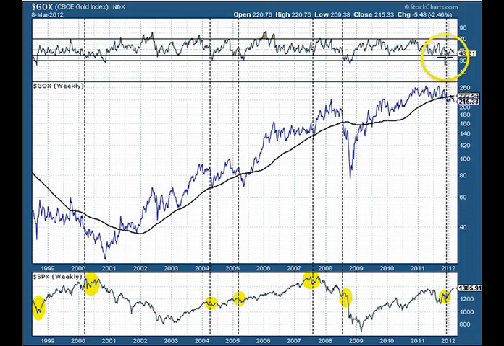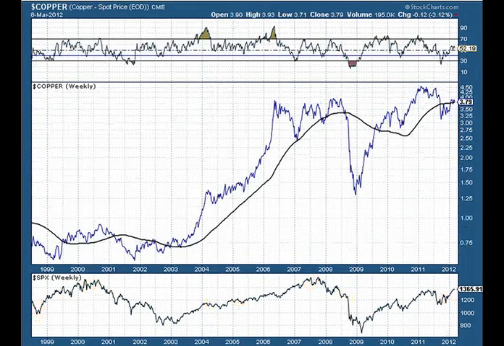If you factor in the 2 major crashes, then that negative downturn in the stock market ends up averaging 28 to 28.5%. So really significant losses in the market when you have that combination of the gold miners index trading underneath its 40 on the RSI and trading underneath its 100-week moving average. Obviously that's very significant. I wouldn't be mentioning it except for the fact that that's occurring right now.